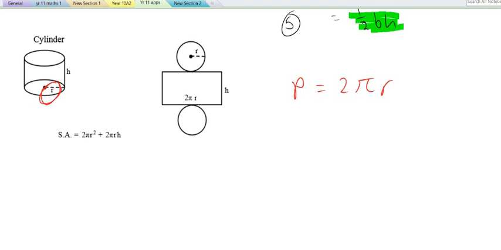And that perimeter becomes one of the dimensions of the rectangle. Because when this net is folded back up again to form the three-dimensional shape, that rectangle wraps its entire way around the cylinder. Can you imagine that happening? That rectangle will wrap, which means the length of that rectangle becomes the perimeter or circumference of the circle.